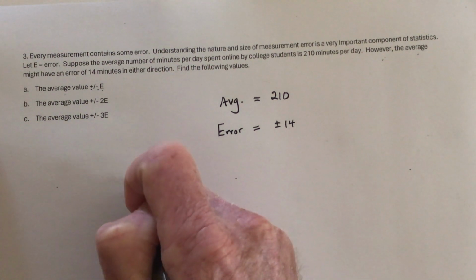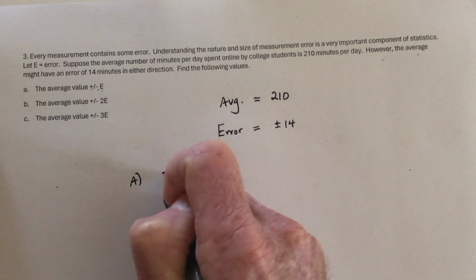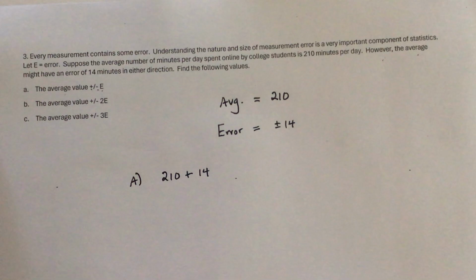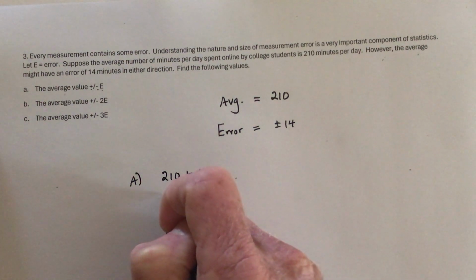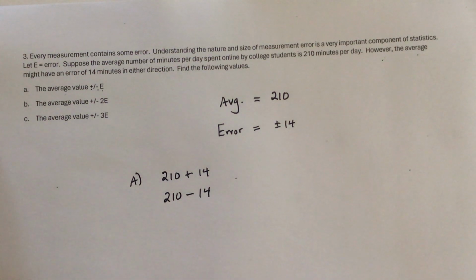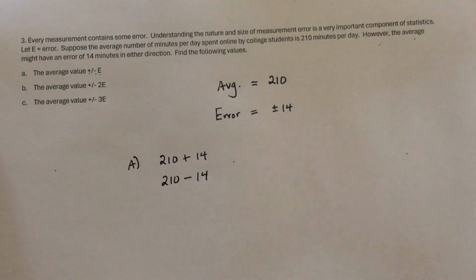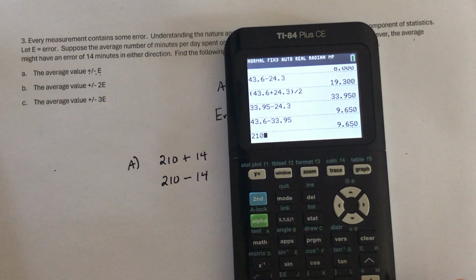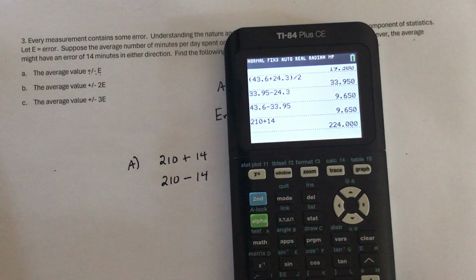So for part A, it's going to be take 210 plus the error of 14, and then also do 210 minus the error of 14. So a 210 plus a 14 and a 210 minus a 14.